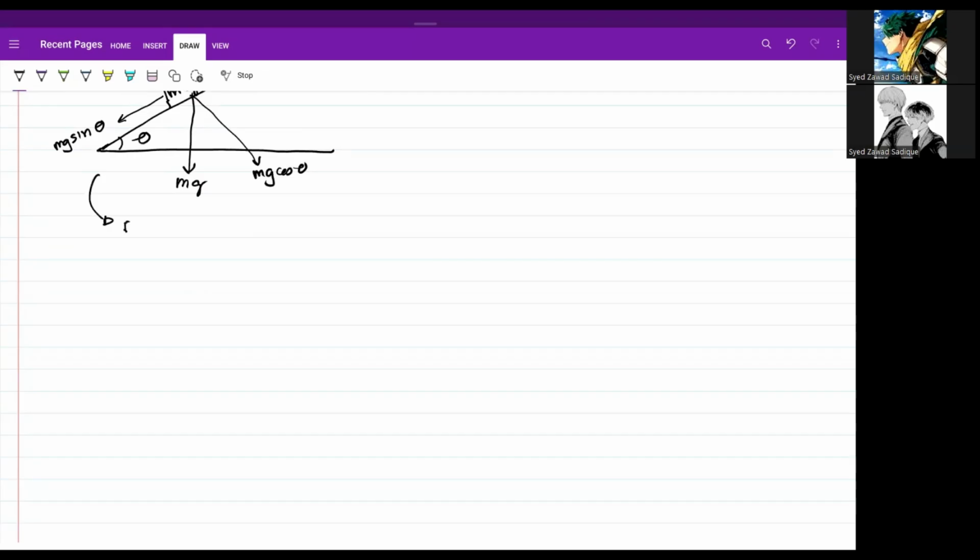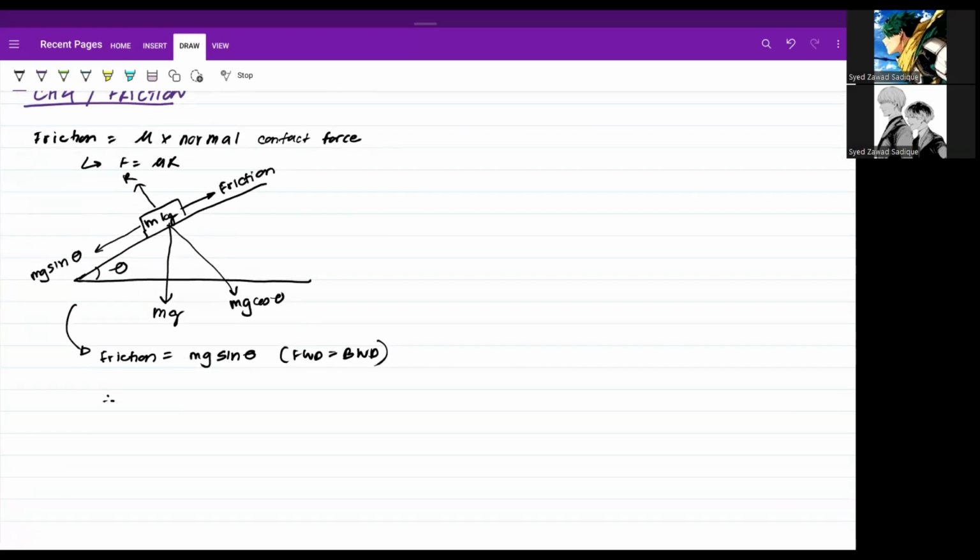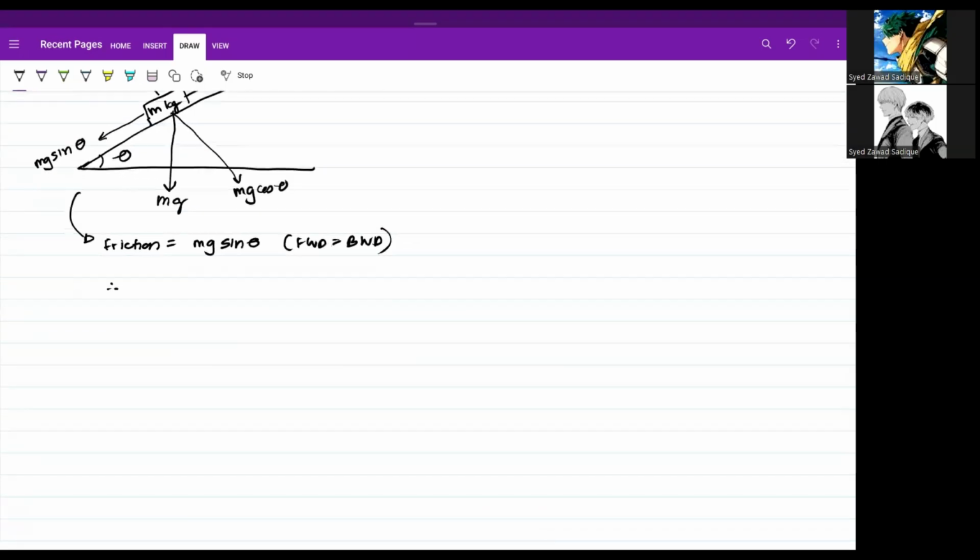We know friction is equal to mg sine theta because forward is equal to backward. Therefore, in the previous formula, we learned friction is equal to mu R, which is equal to mg sine theta.